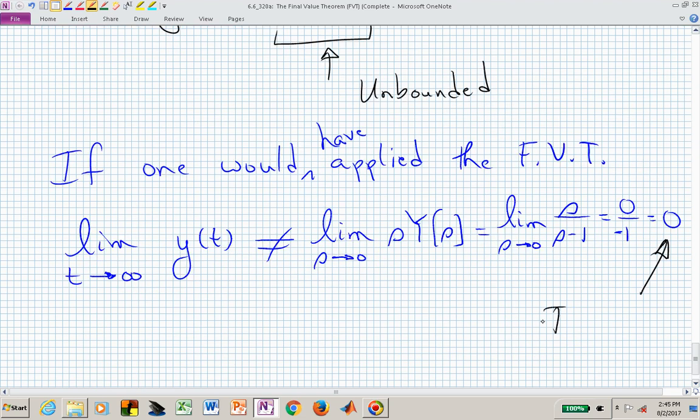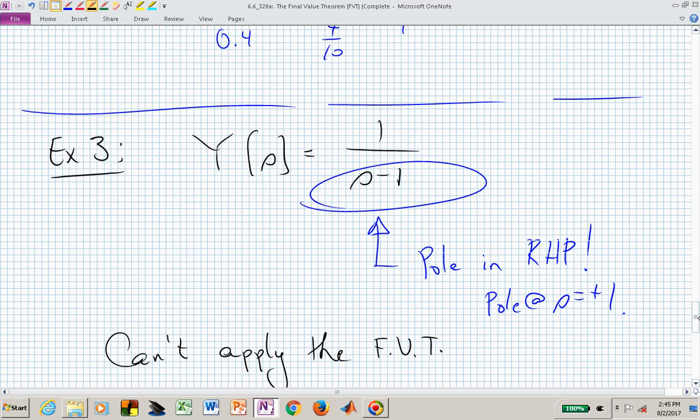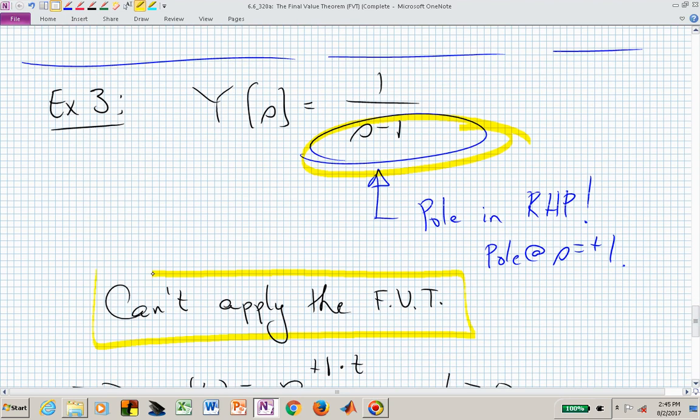So this is an incorrect result, and the reason it's incorrect is because this started with an immediate violation of condition 2 of our final value theorem, meaning we had an unstable pole and we really then could not go any further. We're not supposed to be applying the final value theorem to that particular transform.